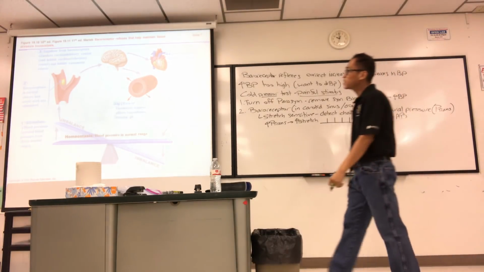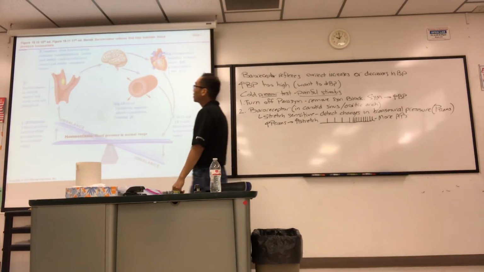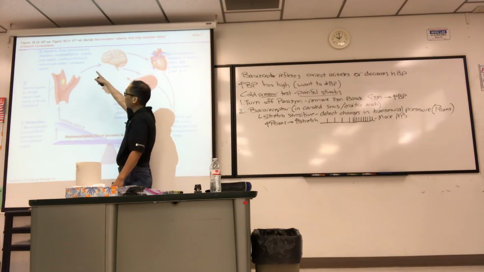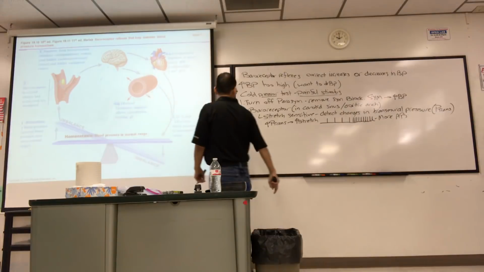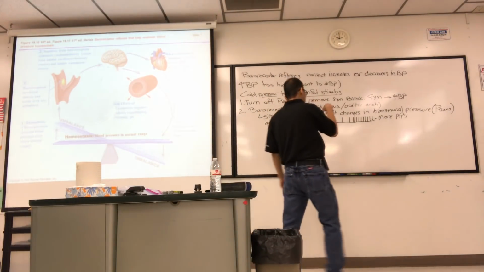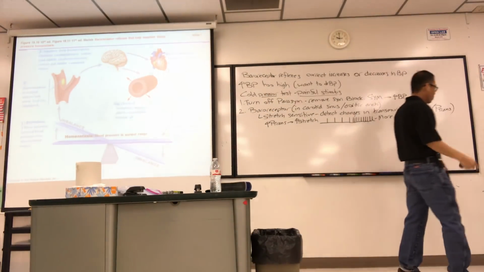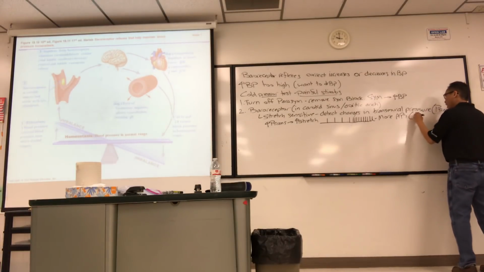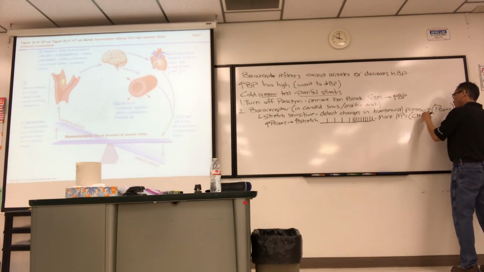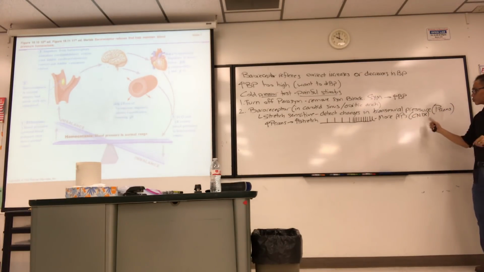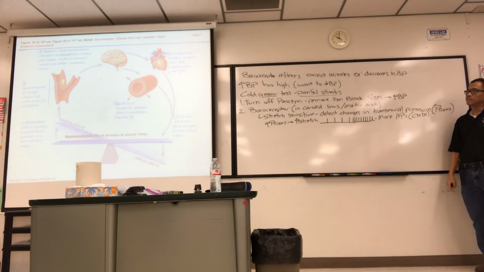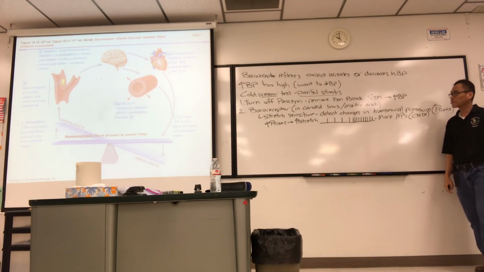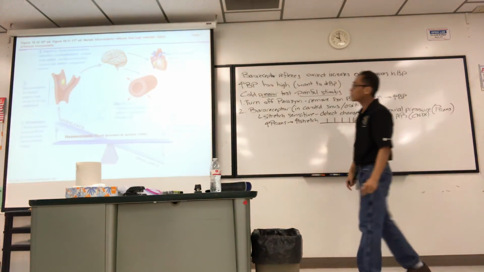For number 3, it says impulses from baroreceptors stimulate all that stuff there in the medulla. You should know that the impulses are carried by, I'll give you one nerve, cranial nerve 9, IX. Those will carry the increased impulses to the brain. So that's number 3.